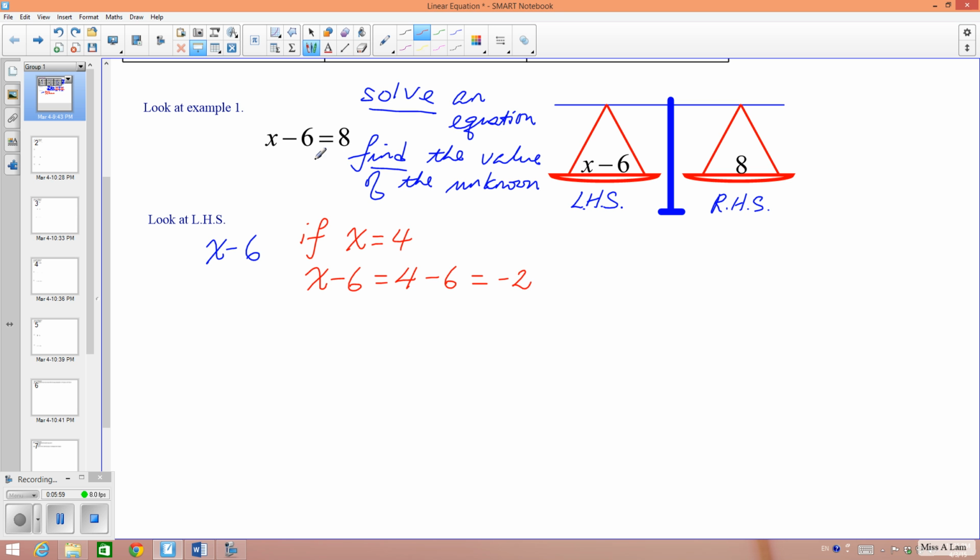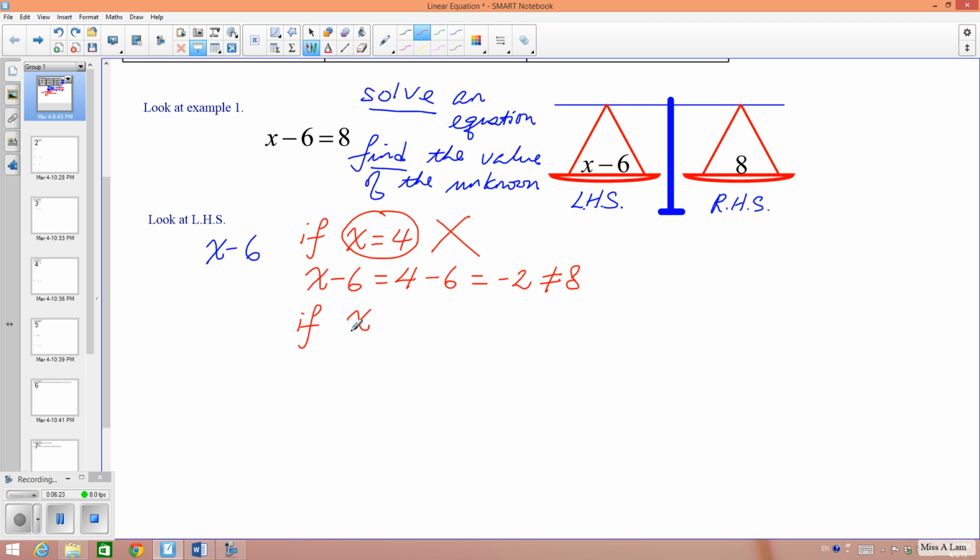But if we look at the equation, we want to find the values for x such that x minus 6 is 8. Therefore, in this case, minus 2 is not 8, and therefore 4 is not the value we want. Now, how about if we try another value?